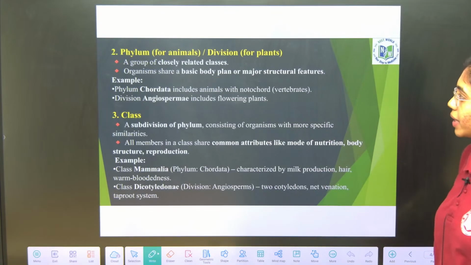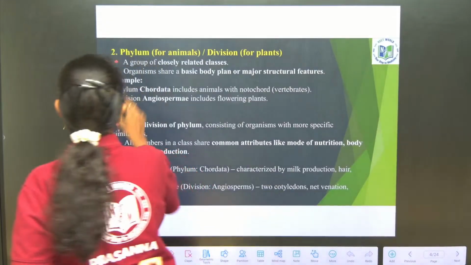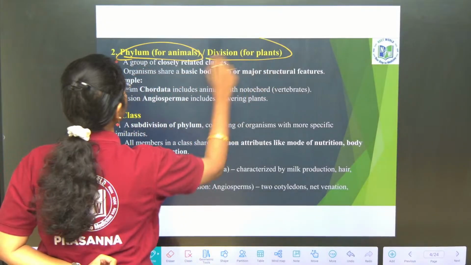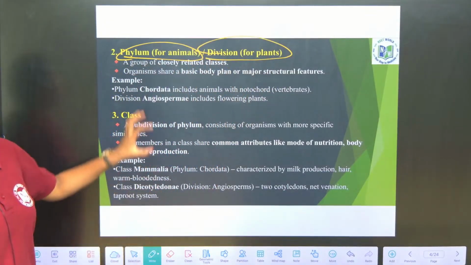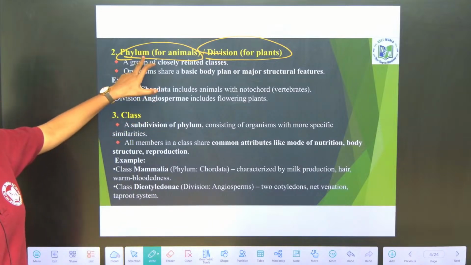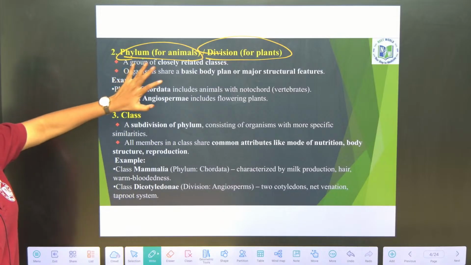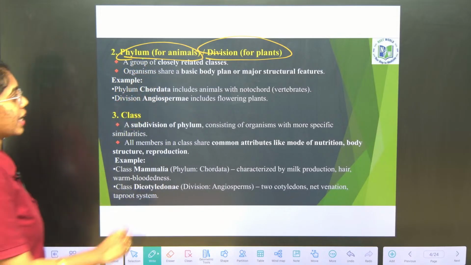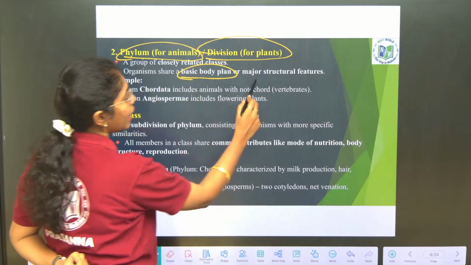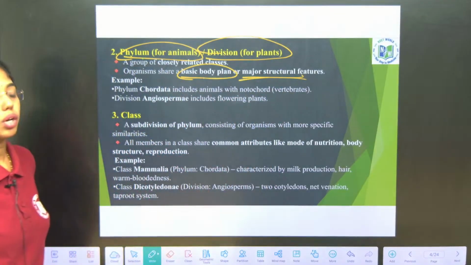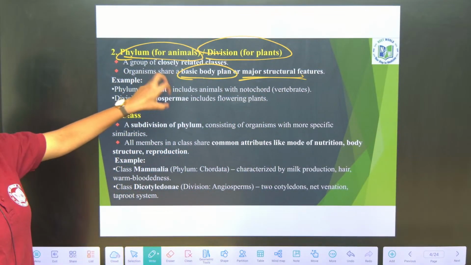Next taxonomic category after kingdom is what? Phylum for animals and division for plants. A group of closely related classes are kept under the phylum. Organisms will share common basic body plan and major structural features. What are the similar characteristics here?